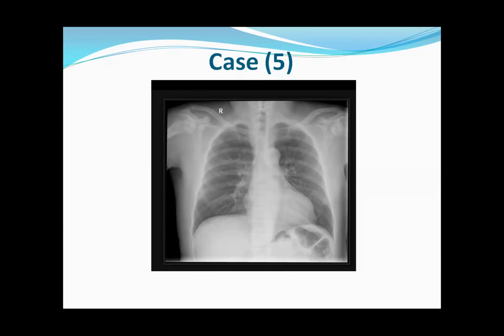Since the splenic shadow appears to be absent, I suspect hemoglobinopathy in this case, and I'm expecting depression of the vertebral end plates. So there seems to be an H-shaped vertebra at the mid thoracic level.